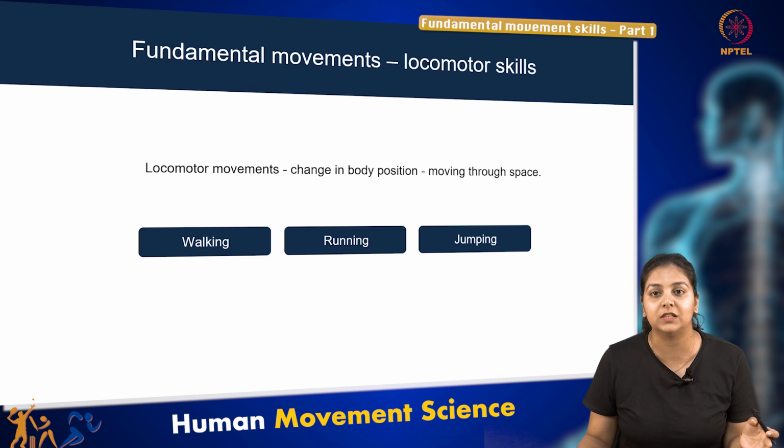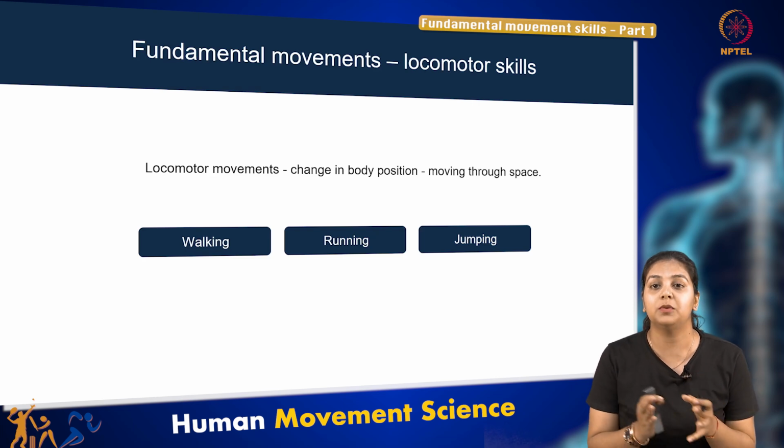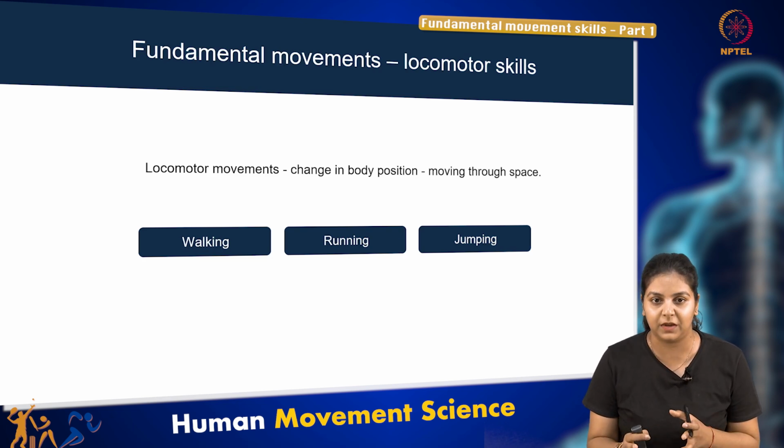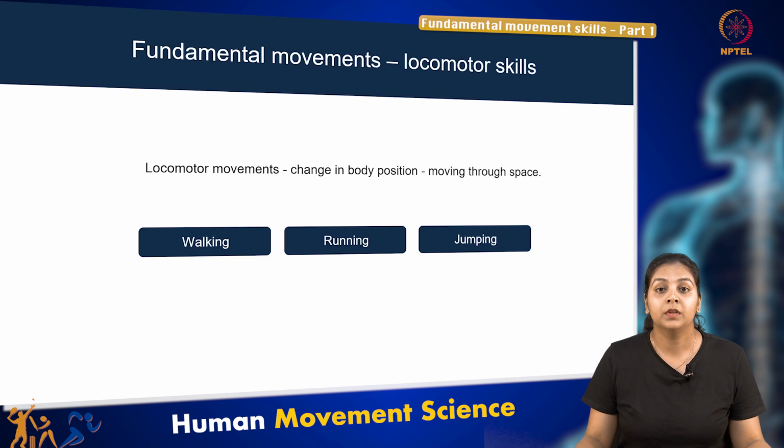All of these have a change in position, as we've looked at in the kinematics module, or you're moving through space. Now we will be diving into these specifically, how to analyze movements here, how we understand the different phases and the different muscles in the next few slides.